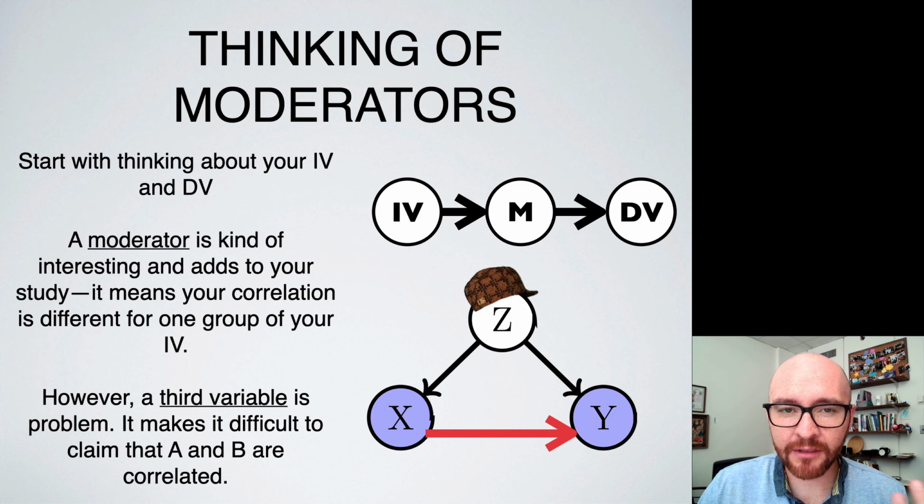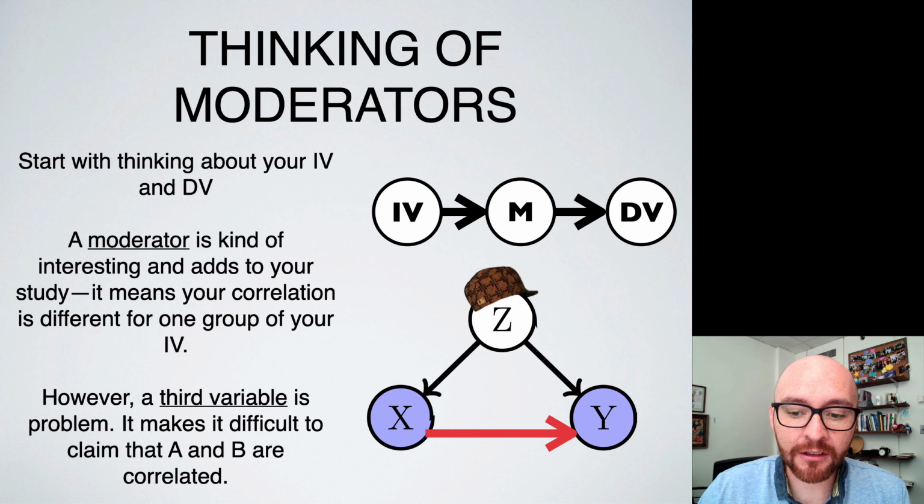Just because we're not claiming one is causing the other. So let's just think about two factors, two variables, right? There's a relationship there. And then we have a moderator, another variable that influences the relationship between the IV and the DV. On the bottom, you have an example of a third variable.